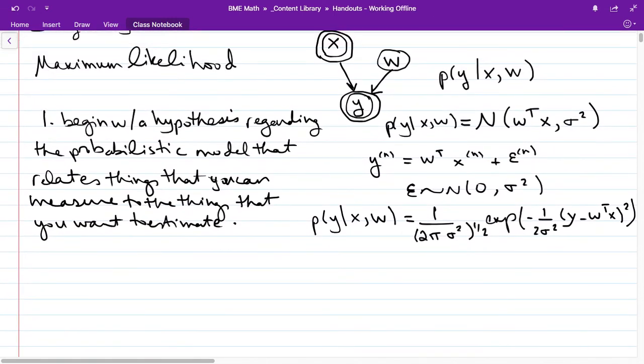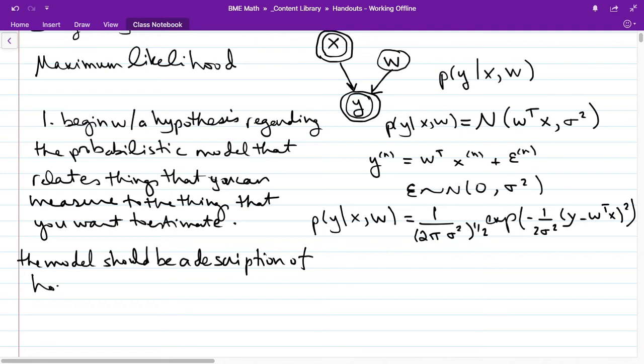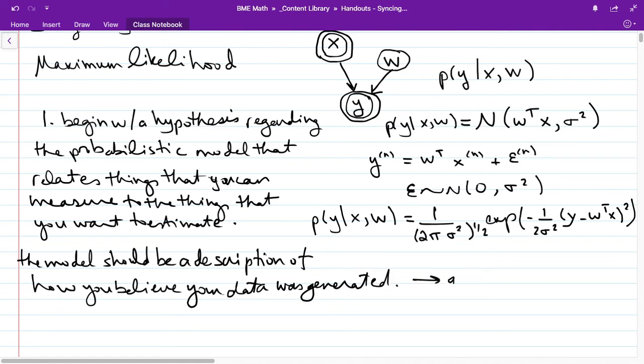So basically, this model should be a description of how you believe your data was generated. And this is called a generative model.